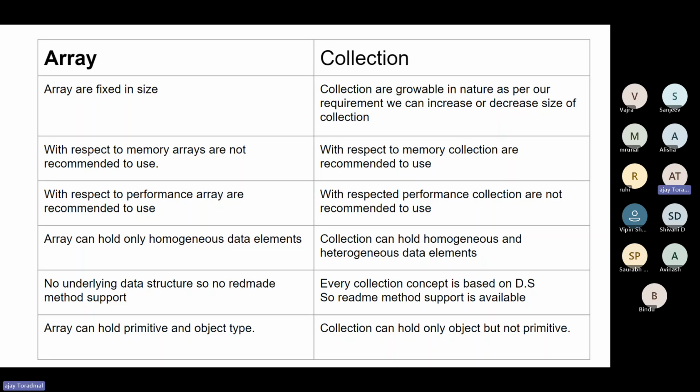Next thing, is everyone clear? Why is the performance of an array better than the performance of a collection? Because in a collection, if the size slowly increases, then the number of shift operations also increases, and then performance will decrease a little bit, and sometimes it will take time.